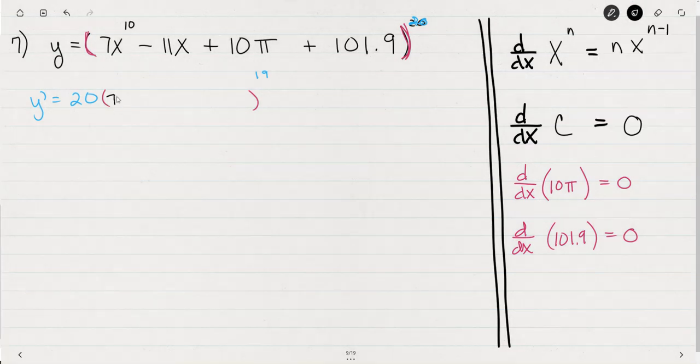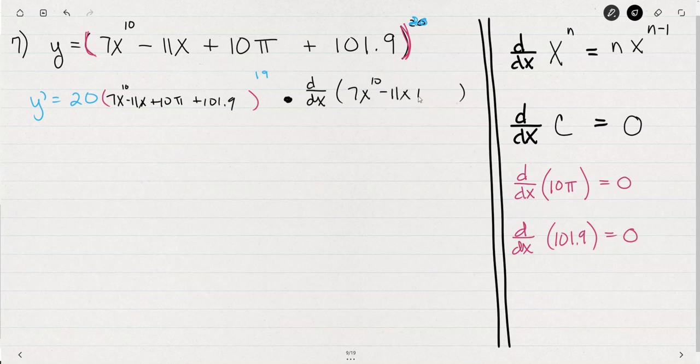Let me copy this over. The thing is 7x to the 10 minus 11x plus 10 pi plus 101.9. Now by the chain rule, I then need to multiply this by the derivative of 7x to the 10 minus 11x plus 10 pi plus 101.9.